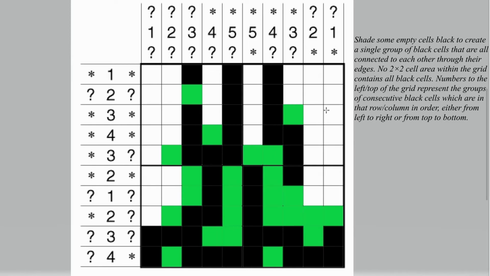Well, what else do we have? We haven't satisfied our 2 yet. So 2 here possible. This would have to connect here for the question mark because it can't be a 1. Then it'd be blocked off completely.